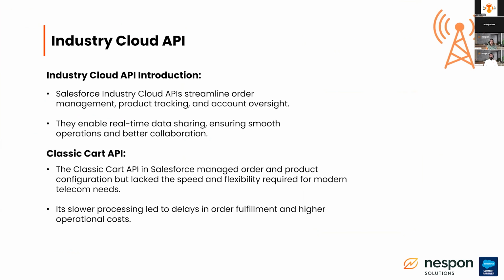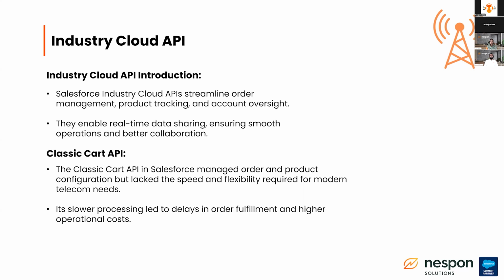So let's begin by discussing Salesforce Industry Cloud APIs and their importance to the telecom industry. These APIs have been developed to simplify and automate key business operations such as order management, product tracking, and customer account management. The journey of these APIs began with introducing the Classic Cart API. It served as the backbone for product configuration and order management.